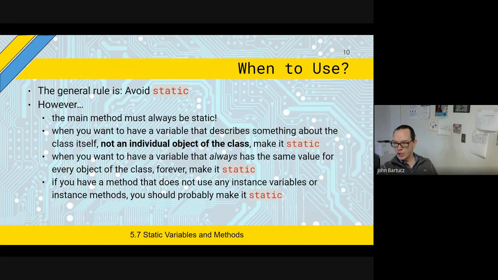So the general rule, and this is not a huge part of the AP exam, so don't worry if you're getting a little confused on it. Generally speaking, you only use static if you have a very, very specific reason to do so. There are not very many cases in the real world where you're going to use static.